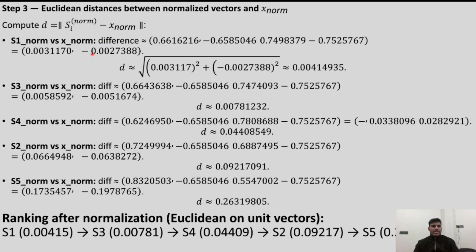For S1 versus the normalized x, we got distance 0.0041495, and similarly for S3 we got 0.0078122, for S4 we got 0.44085549, for S2 we got 0.092179091, and for S5 we got 0.26319805. Now ranking after normalization, Euclidean on unit vectors: first S1, then S3, then S4, then S2, then S5.